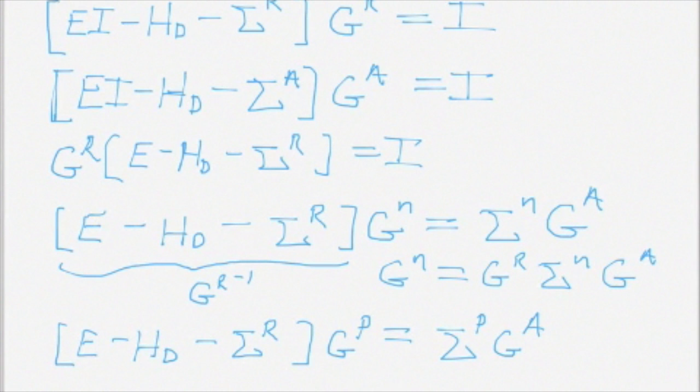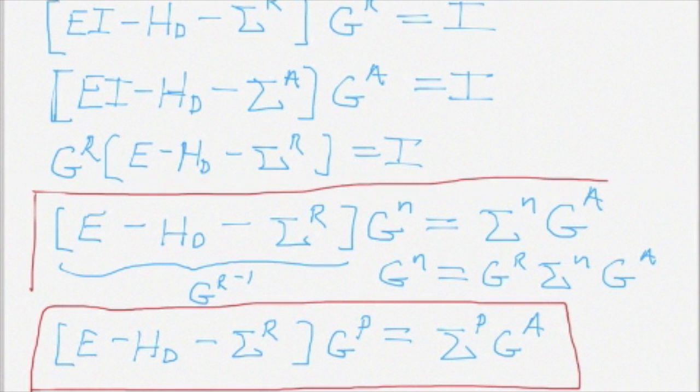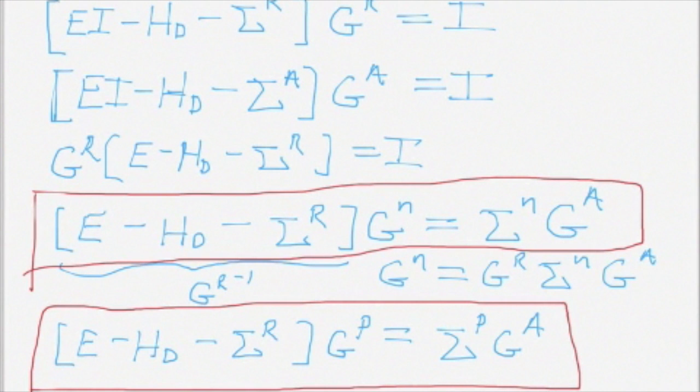And they're sort of the fundamental equations, because really everything you calculate comes out of Gn and Gp. They're sort of the fundamental things you're after in non-equilibrium green function theory. And because they don't have an identity matrix on the right-hand side, they're not green functions.